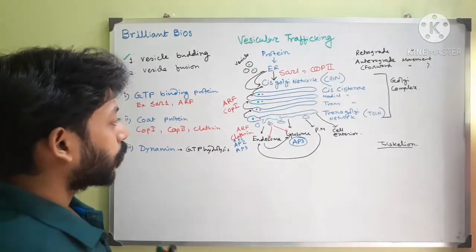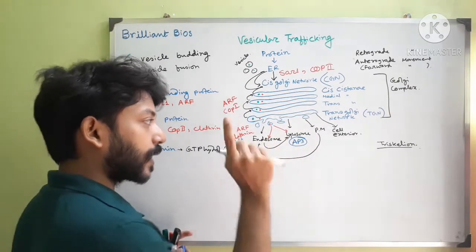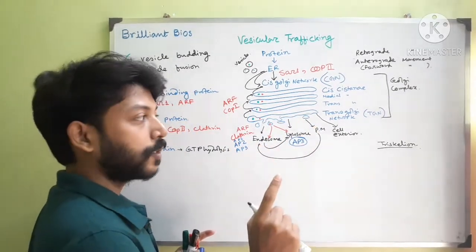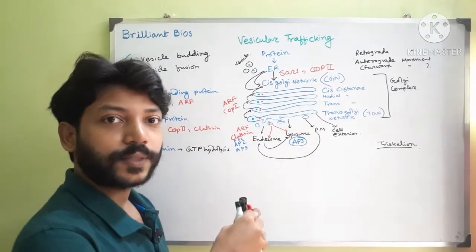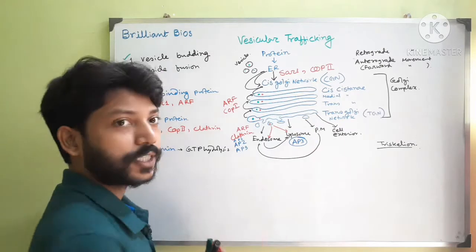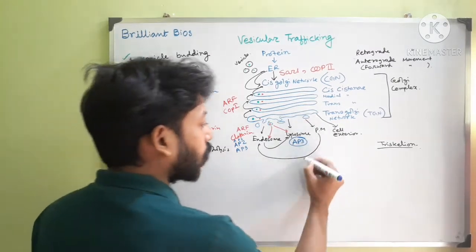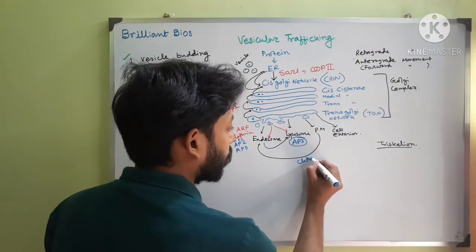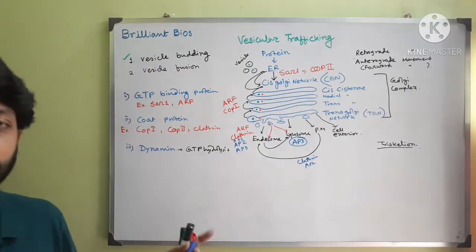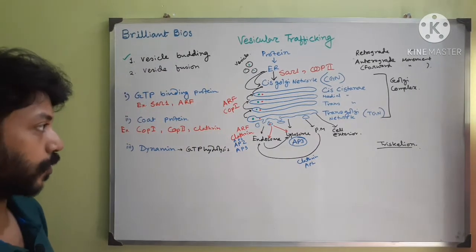So from the TGN to the endosome, clathrin is important. From the plasma membrane to the endosome, clathrin is important. And when the protein comes out from the cell to the exterior, clathrin is also important. So clathrin and AP2 are present here. This is the adapter protein, the helper protein of this protein.